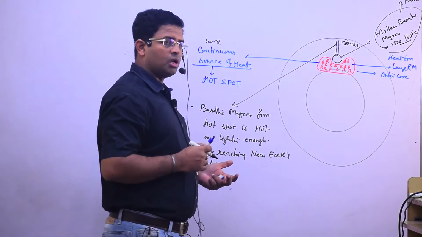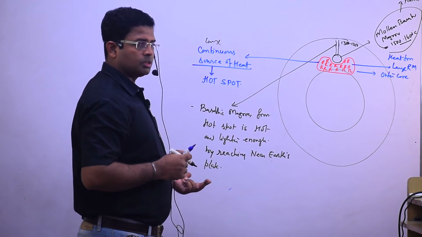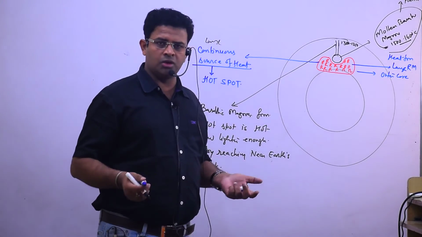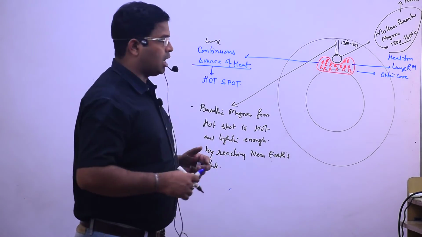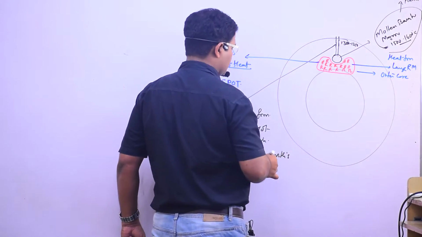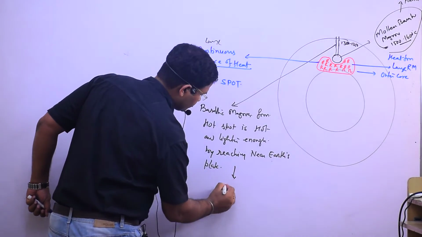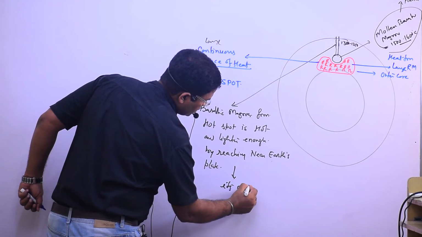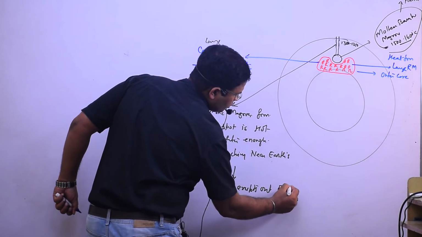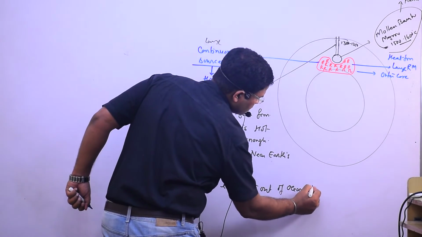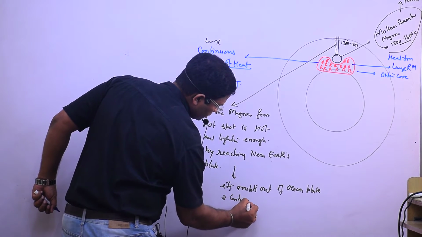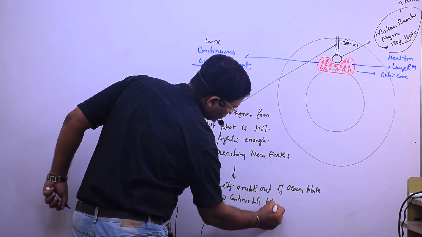There it is still light, and it is very hot also. So it will not convect downward, because to convect downward it should be heavier enough, and therefore it erupts out of the ocean plate and continental plate.